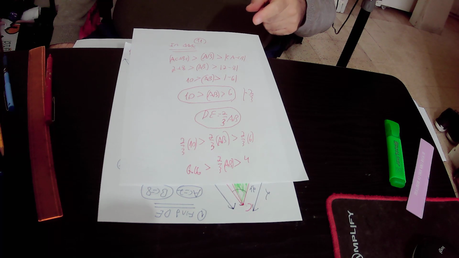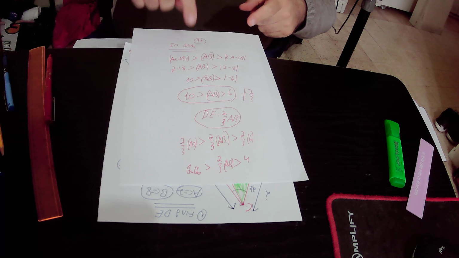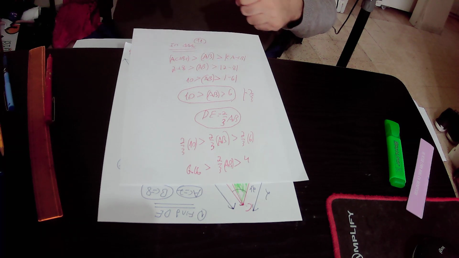So in total we got that AB is smaller than 10 and bigger than 6 units.